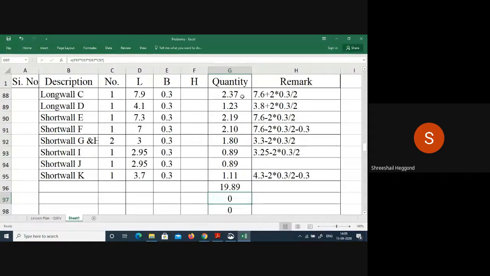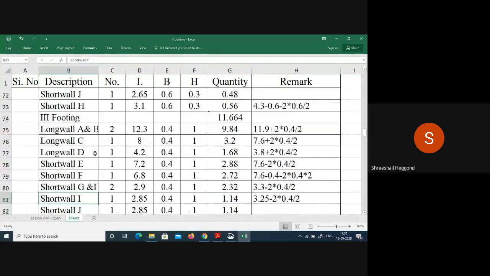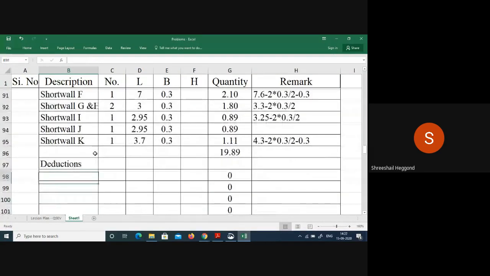Compare with your previous numerical, the long wall short wall center line method, whether you are getting the same answer or not. Once you get the same answer, go for reductions. But we'll do it now quickly.